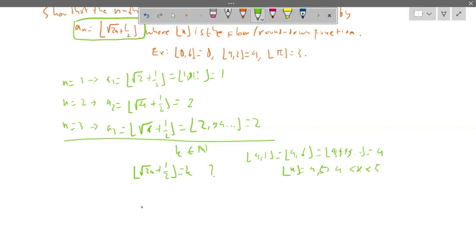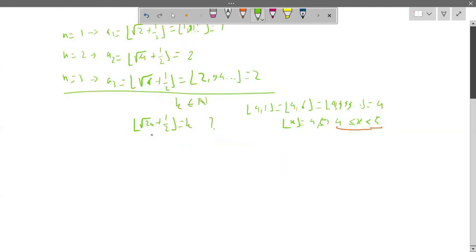Now, 4 is also included in this inequality. I keep saying inequation. So this is the idea that we're going to transfer here. So in order to solve this equation, we can turn this into an inequality.